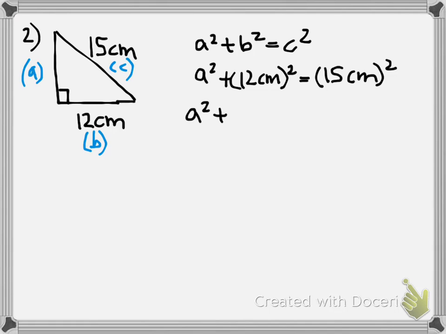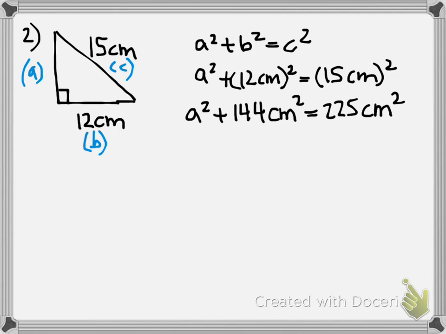So on this one, what's 12 squared? 144. And centimeters squared would be squared centimeters. So that 12 centimeters squared gives me 144 squared centimeters. All right, what's 15 squared? 225. Somebody remembered his squares. Good job. And then we square the centimeters as well, and we get that.